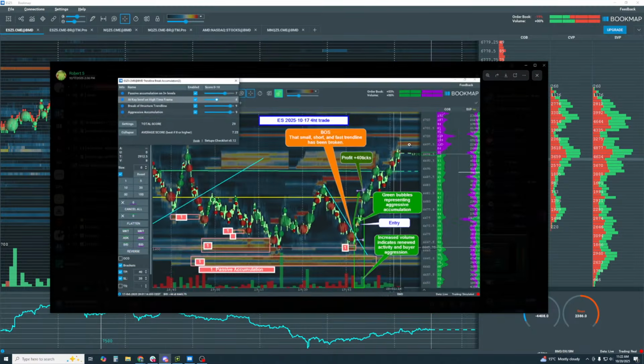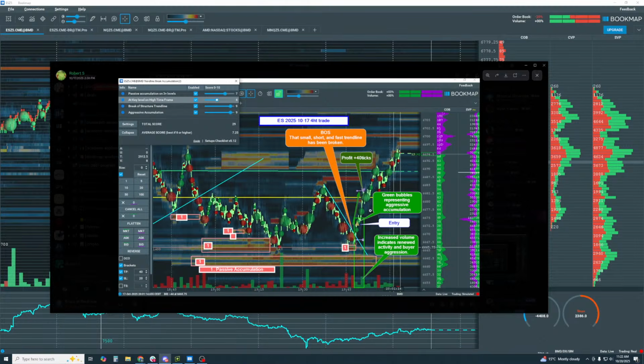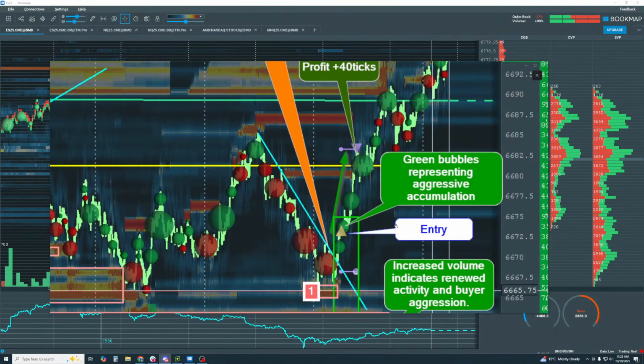Okay, now this is a nuance in here, but once you start to really get it down, you'll see these things all over the place. And then look what he did. He took his single here, profit target. It was 40 ticks, and back to the top of the range in here. It doesn't even look like it went against him at all.